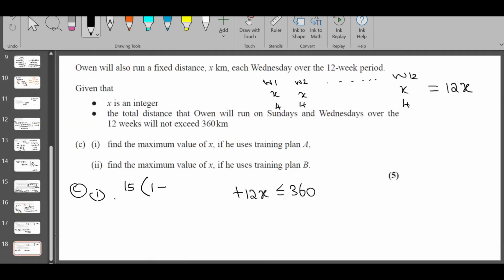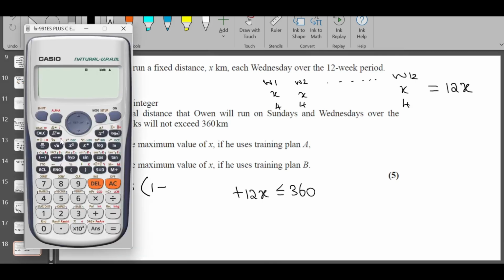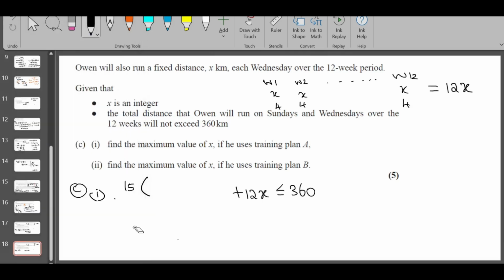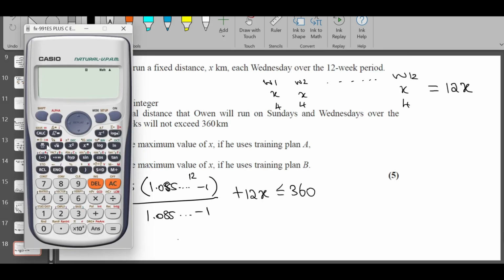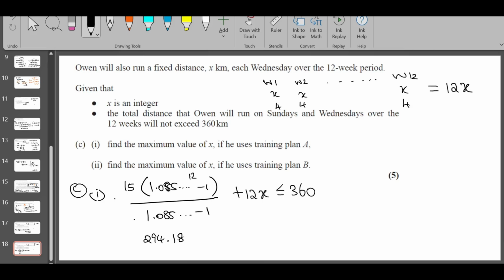So now let's calculate this. 15 times r to the power 12 minus 1, over r minus 1. 294.185 dot dot dot, plus 12x is less than or equal to 360.